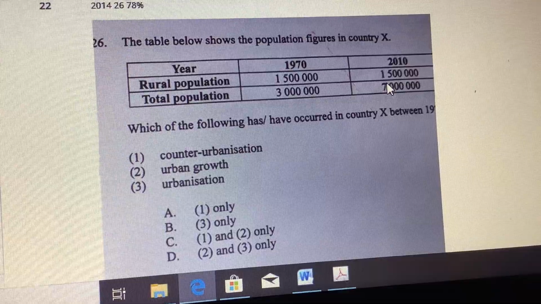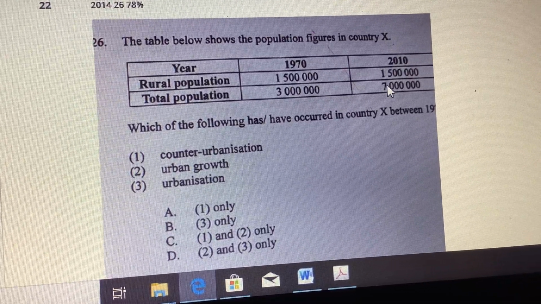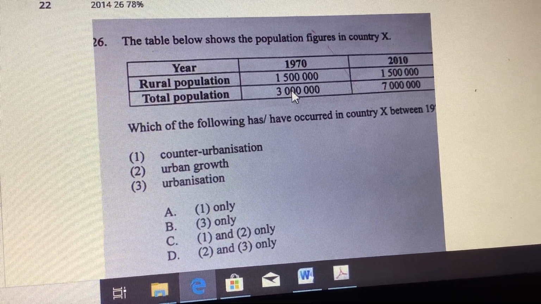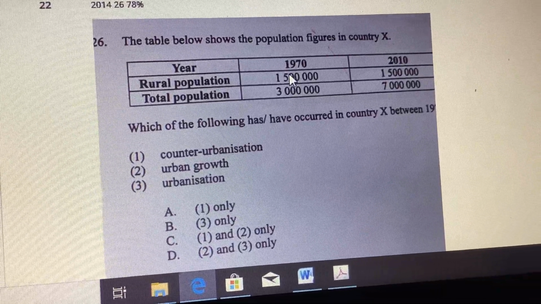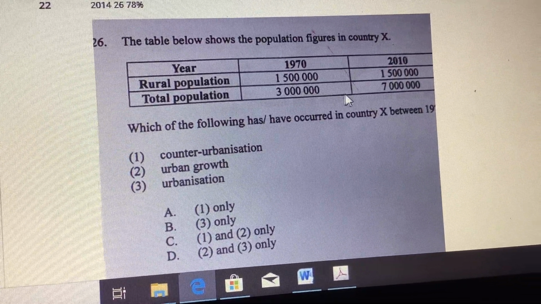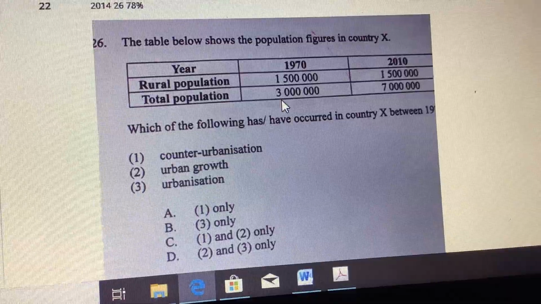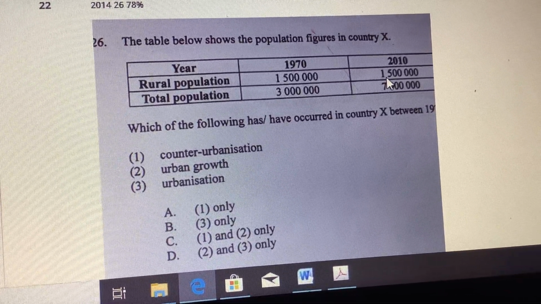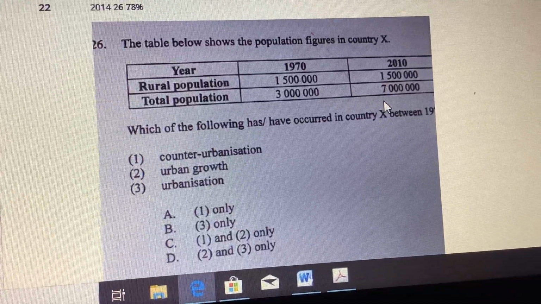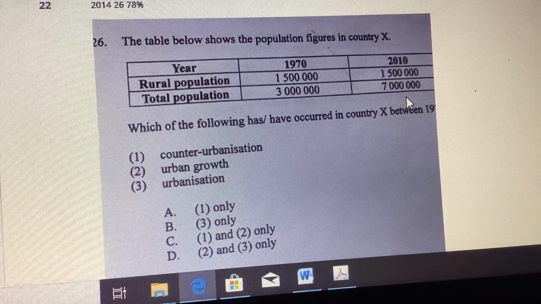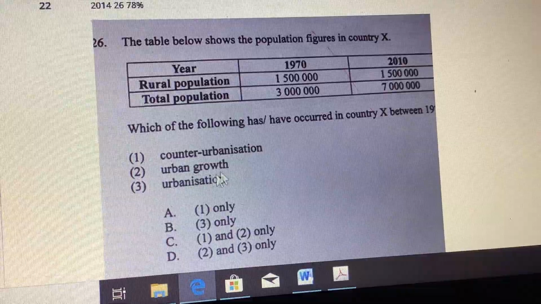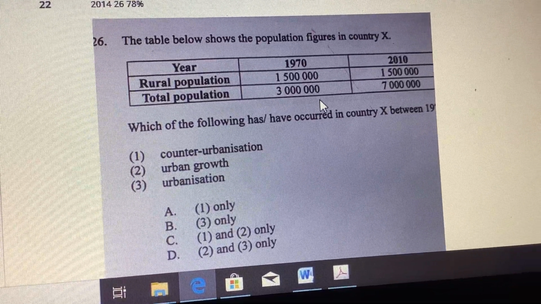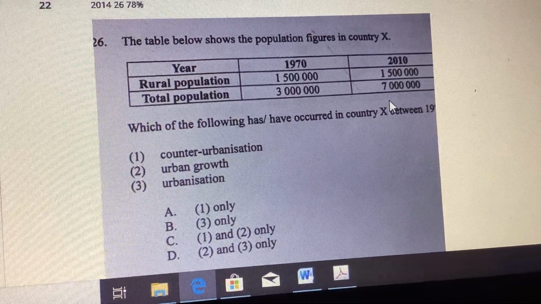I don't think so, because this one is when the total population minus the rural population is talking about the urban population. Right here is 1.5 million for the urban population, and for here let's have a calculation, which is 5.5 billion for the urban population. So number 1 is not correct. Urban growth, as I have said before, this one 1.5 billion, this one 5.5 billion.